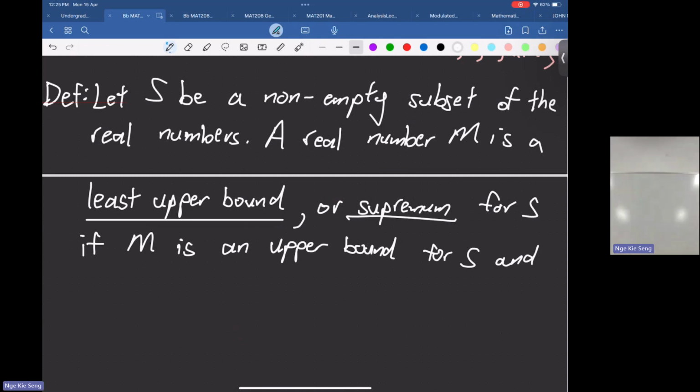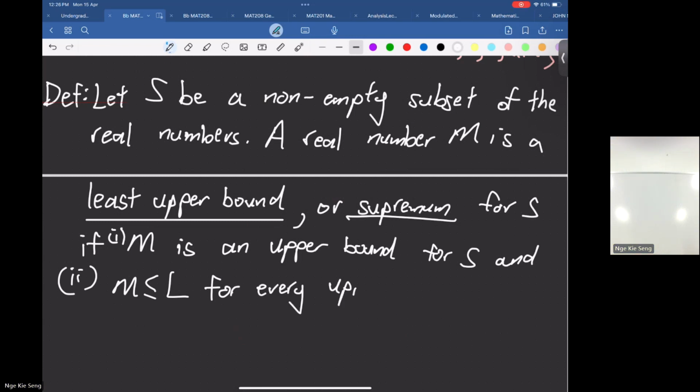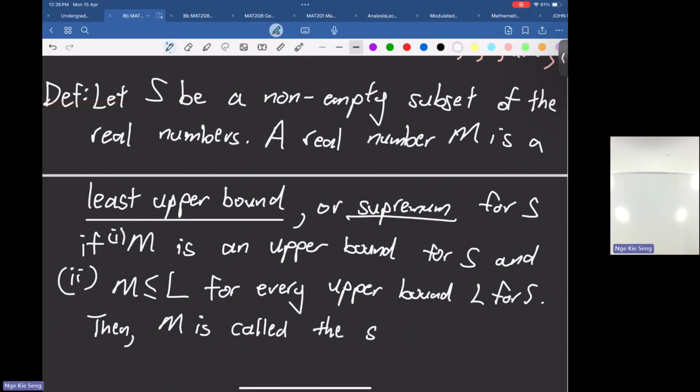Among the upper bounds, it is the smallest, meaning when you compare to all the other upper bounds, it is less than or equal to all of them. Let's say we call another upper bound L. Then M is called the sup of S.